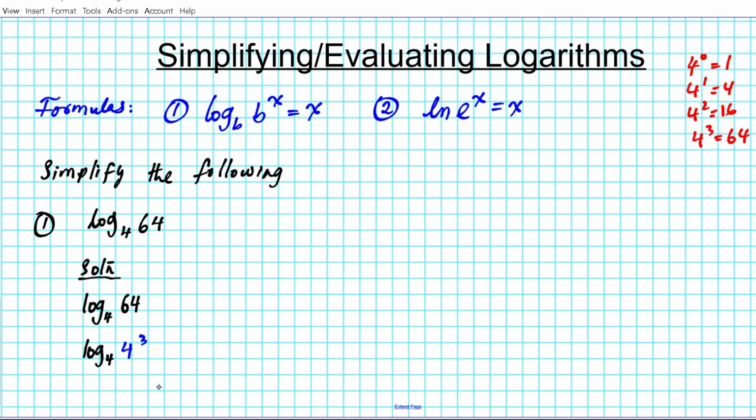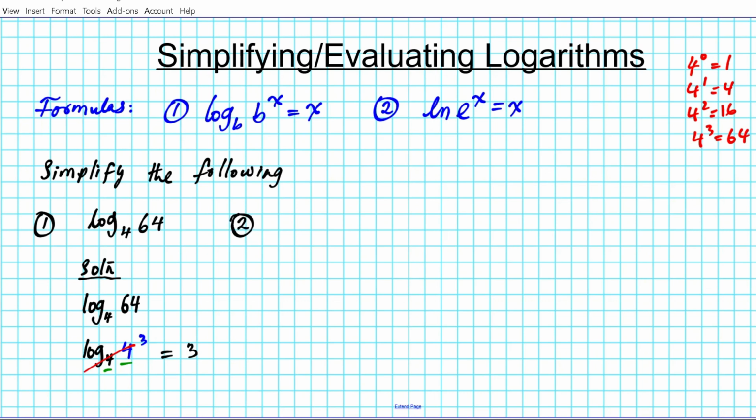Now we can apply the inverse property of logs, because the base of our log and the base of the exponent in the logarithmic argument are identical. So we can cancel that out, and we are left with 3. And that's the final answer.